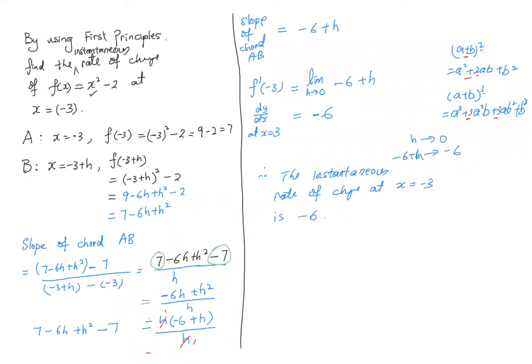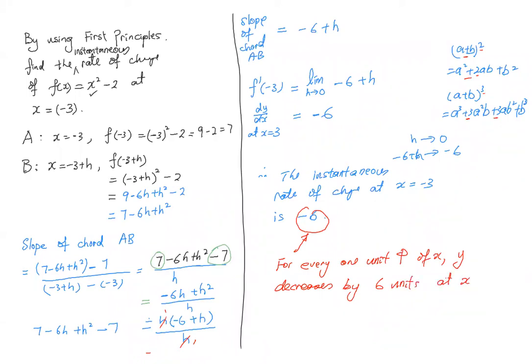And if I want to interpret further the meaning of this, I will say that for every 1 unit increase of x, y decreases by 6 units at x equal to negative 3.